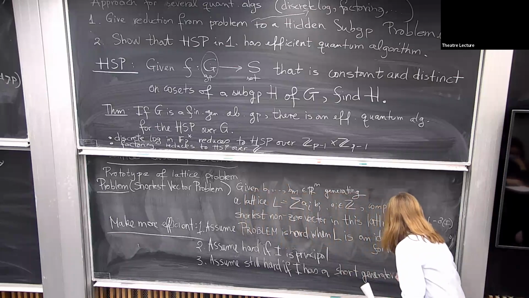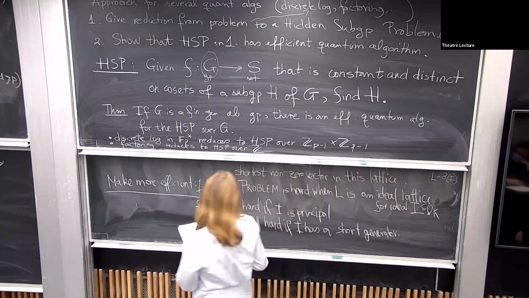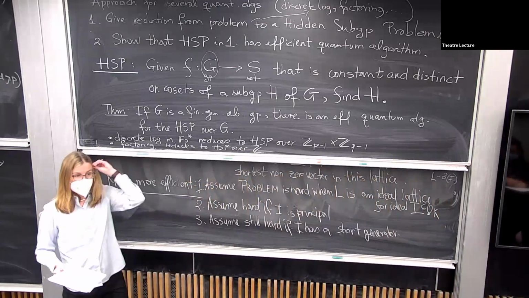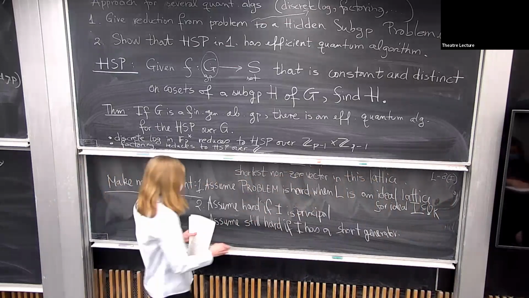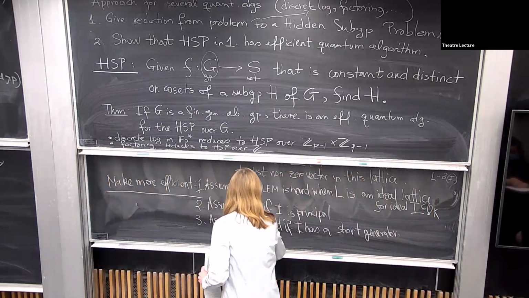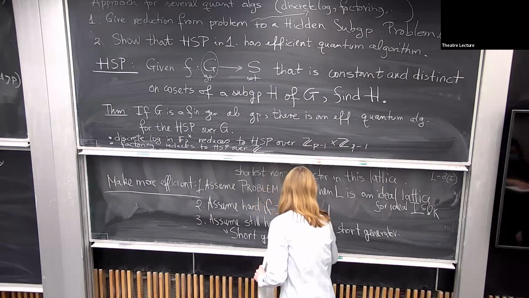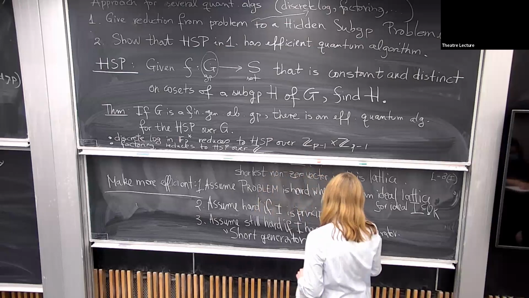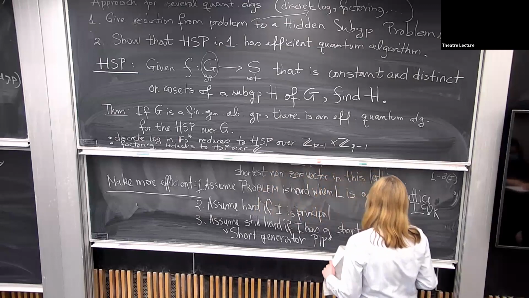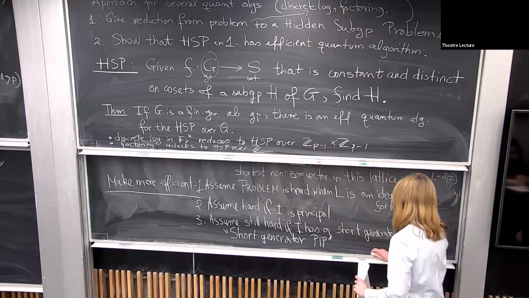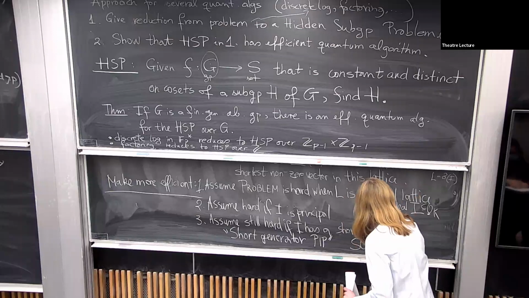This is what is referred to as the short generator principal ideal problem. We have an ideal I that's principal and it has a short generator. I'm going to abbreviate principal ideal problem as PIP. And then this gets the catchy name SGPIP.